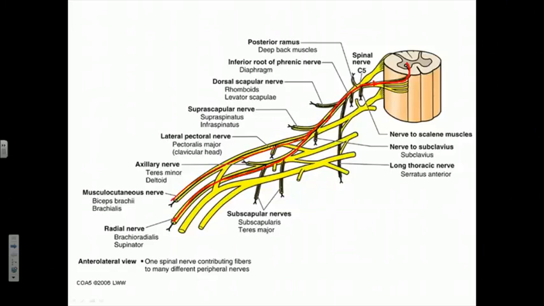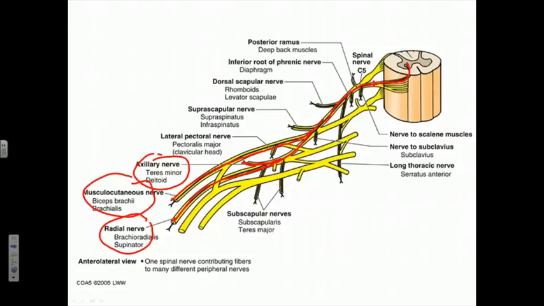In fact, it sends its axons into 3 major nerves that come out of the brachial plexus. It contributes to the nerve fibers in the axillary nerve, the musculocutaneous nerve, as well as in the radial nerve, through the intermingling of the brachial plexus.